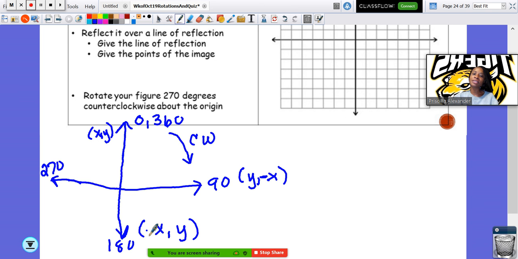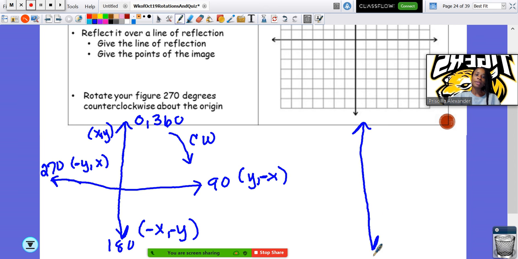The only difference is you need to take the opposite of both signs. When you get here to 270, you don't have to memorize anything. Just look over here and write that down. And all you need to do is put the opposite sign on the Y. So if you get these two down pat, you're going to get the other two right.